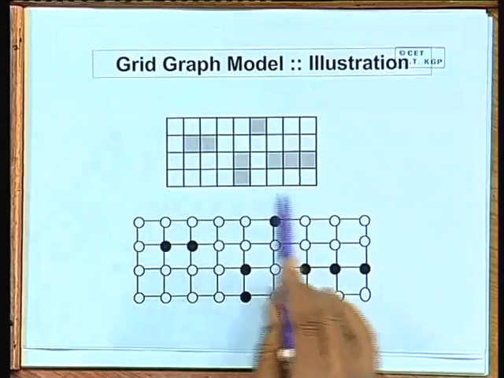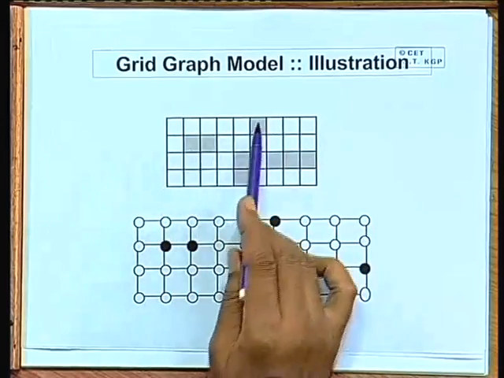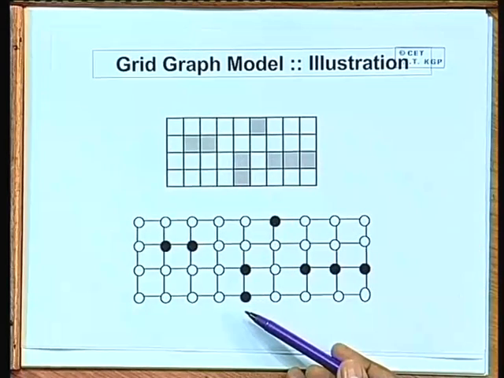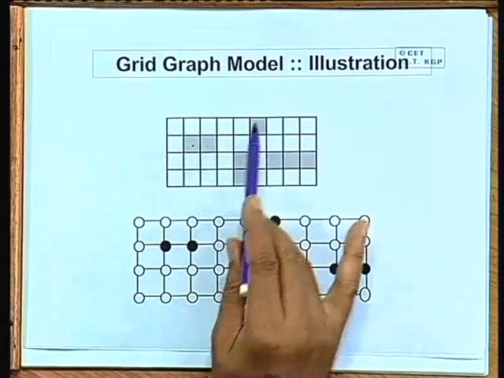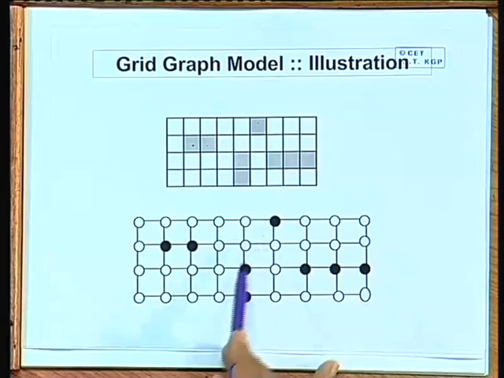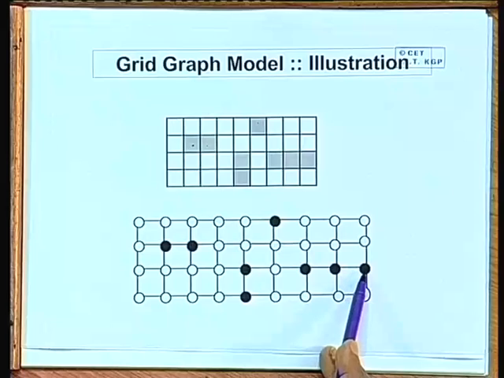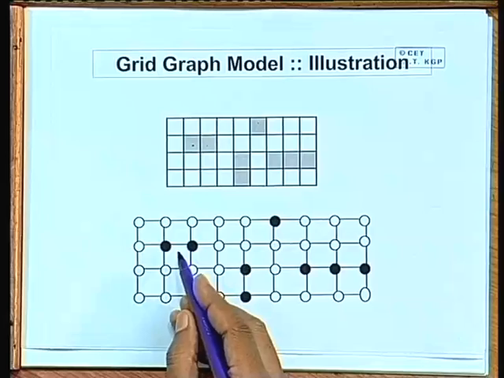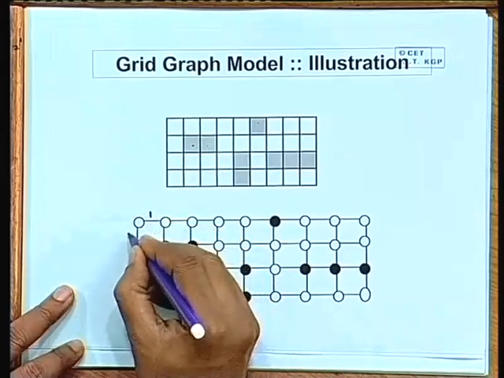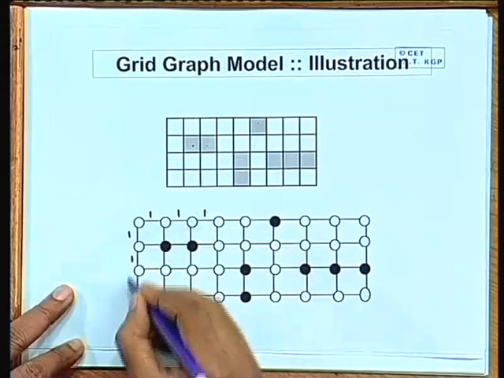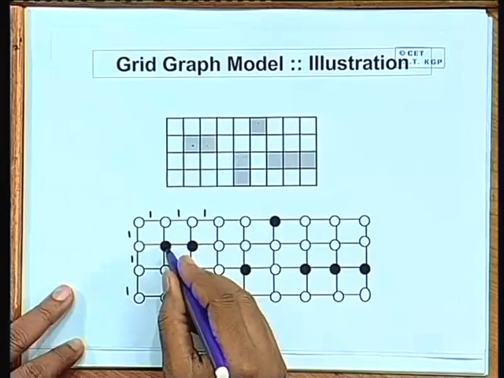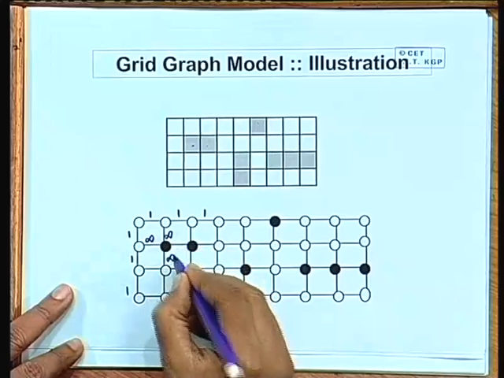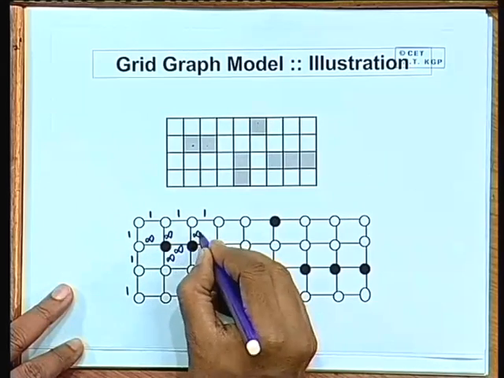Just as an illustration, suppose we have a layout like this, where as you can see some of these cells are occupied. So, this we can straight away map into a graph where the occupied cells are shown as solid vertices and the other vertices are the free cells. Now, in terms of the graph, all these edges can have a weight of 1, but for the obstacles you can assign a weight of infinity to the edges incident on it.